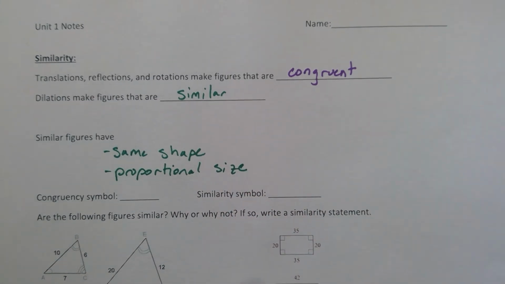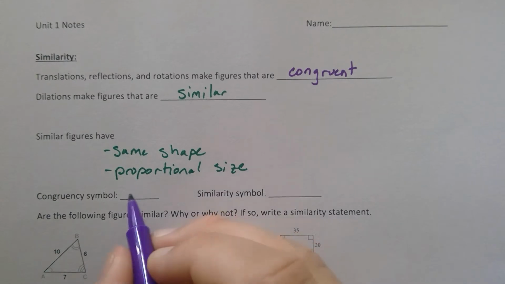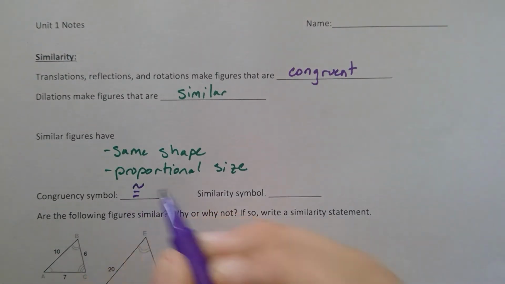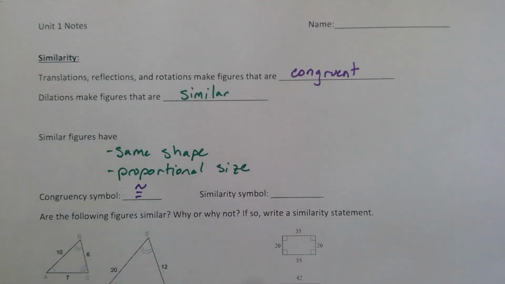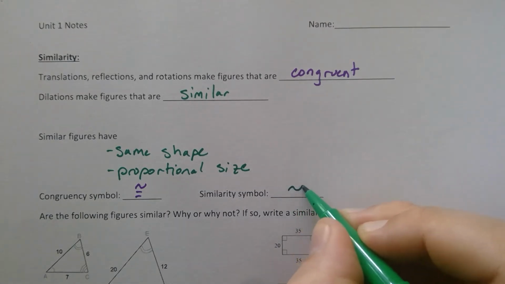Think back to how we had scale factor with dilations. That scale factor is what we would call the proportion between similar figures. So we need to show similar figures with a different notation than we did congruent figures. Our congruent symbol is the equal symbol with the little squiggle on top, whereas the similarity symbol is just the little squiggle.